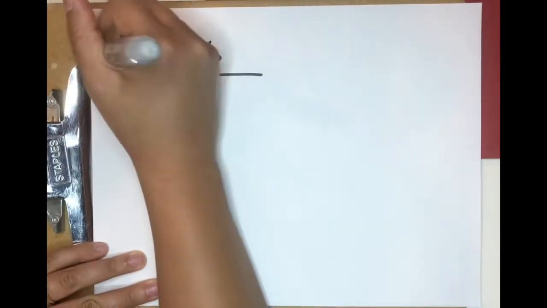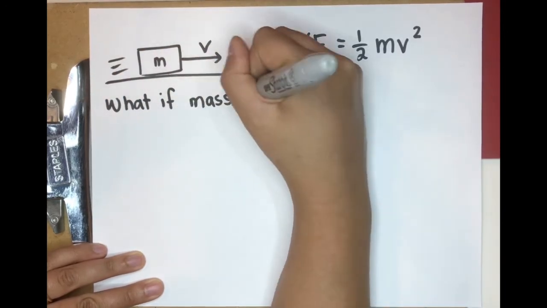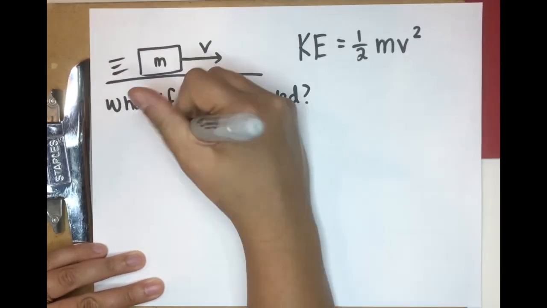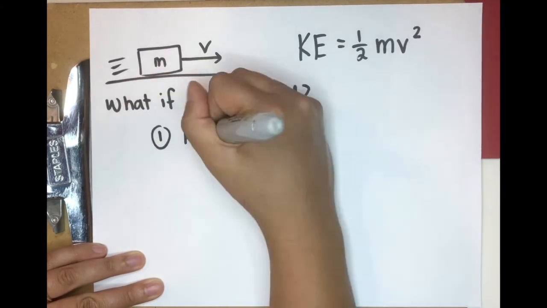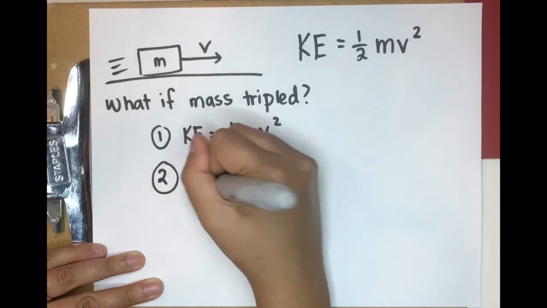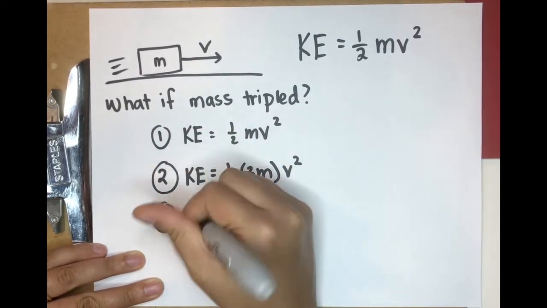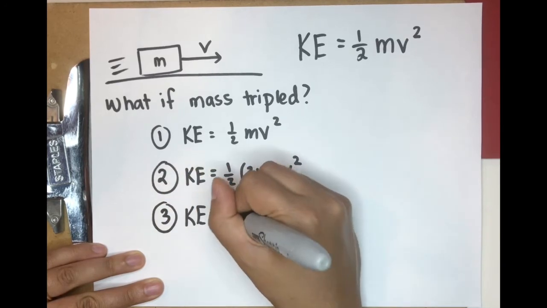So let's move to a different equation. I think we've exhausted the gravitational force equation. What about the kinetic energy equation? What would happen if I was taking the kinetic energy of a moving object and I just tripled the mass? I'm doing this example because I want you to be careful of your sorting in this problem. Tripling the mass doesn't change that 1/2.